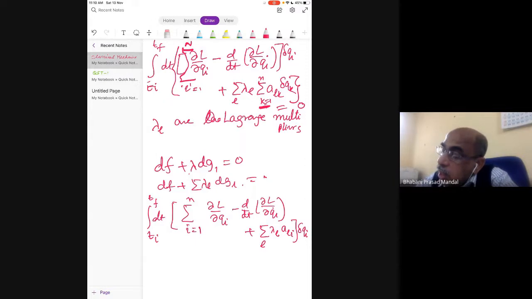This summation over k I replaced by i, so it will be delta q_i, and this is equal to 0.